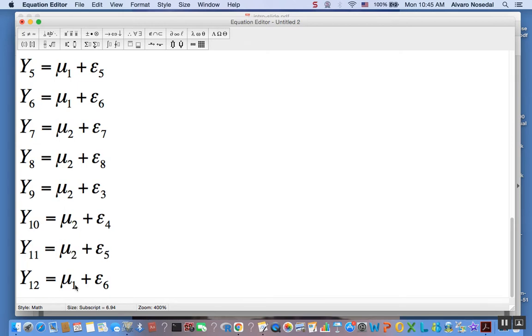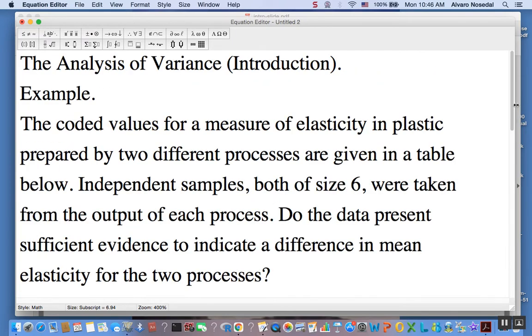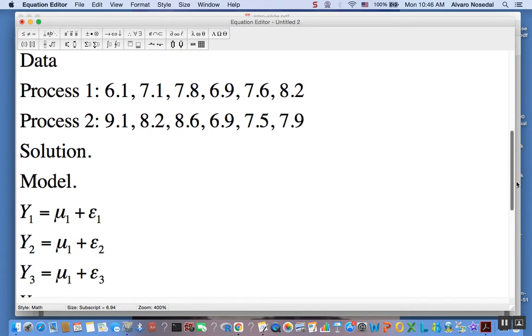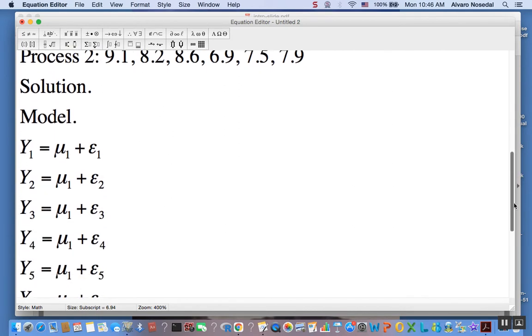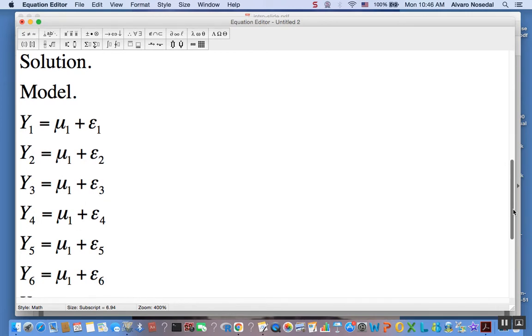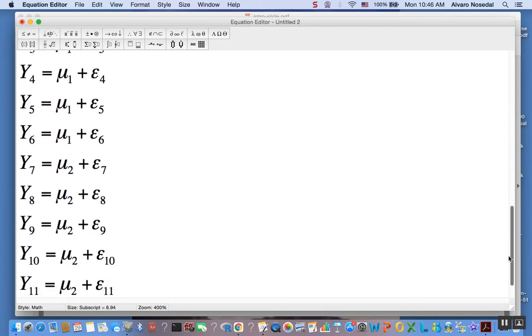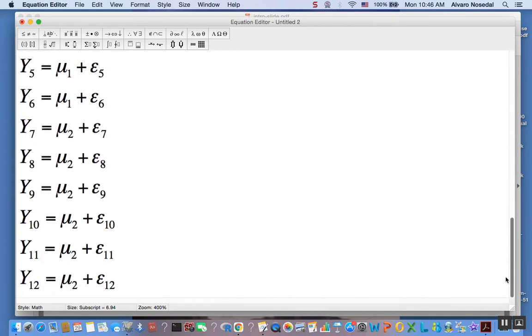I'm almost done here. Okay, you guys agree? So now I have 12 generic observations. First 6 with a mean mu1, and the last 6 with a different mean mu2, right?